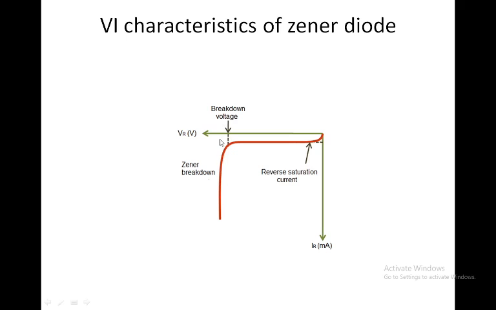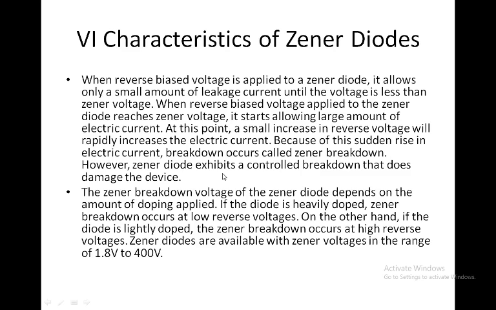You notice here that the voltage remains constant, so a little change in voltage causes a very high change in current. When getting to the breakdown voltage, the current increases sharply, and the voltage here remains constant, which is the Vz, the Zener voltage.